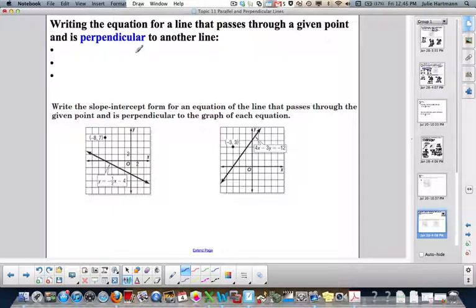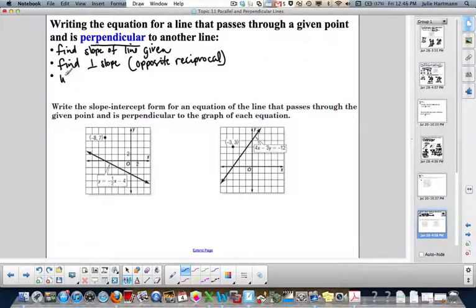Alright, slide 6, we are writing the equation for a line that passes through the given point and is perpendicular to another line. So here, you want to find the slope of the given line, and then you want to find the perpendicular slope, which remember is the opposite reciprocal, and then you want to write the equation with the perpendicular slope and given point.